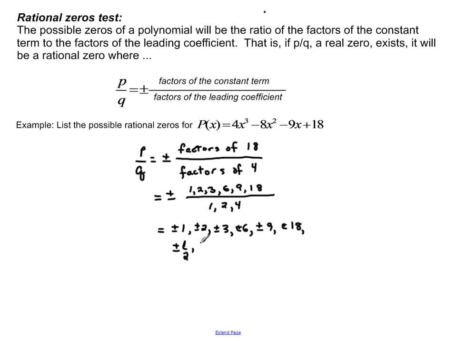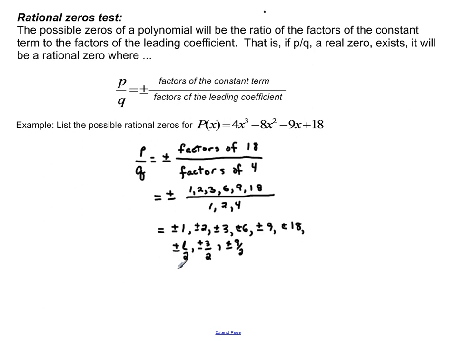But 3 over 2 is another possible location of a zero that we could find in this polynomial. 6 over 2 has been covered because it is 3. But 9 over 2 has not been covered, so plus or minus 9/2 would be a possible location of a zero. And 18 over 2 has been covered because that's equal to 9.